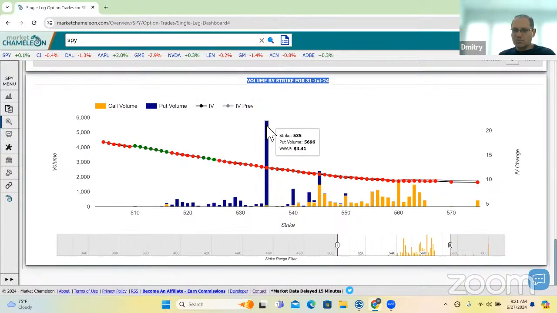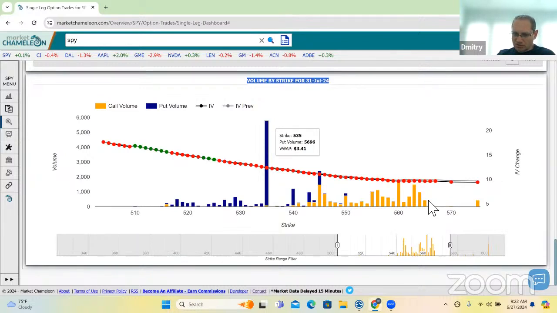The volume in that put was 5,696 contracts for a volume weighted average price of $3.41. So if we took all the trades in that put that were single leg, and multiplied the volume by the price that they traded at and took the volume weighted average price, it traded at $3.41.